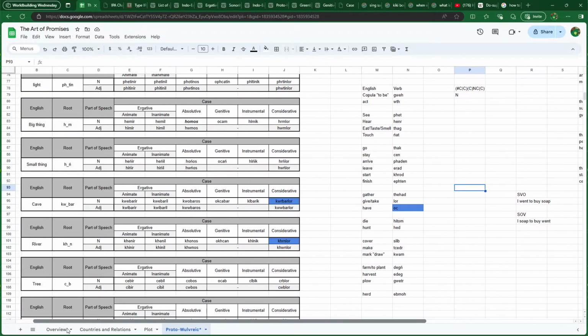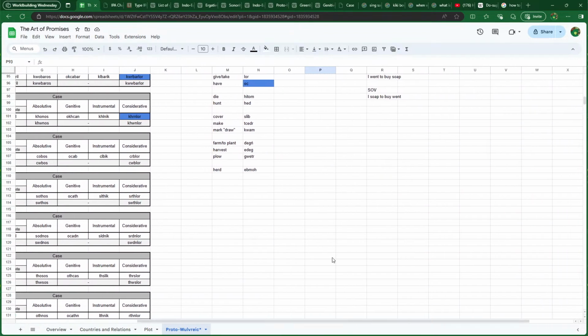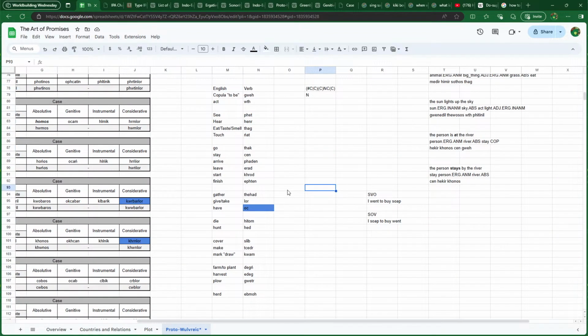Oh, no, yeah, we are. Have becomes the genitive. Well, come is an option. We don't have a word for that.